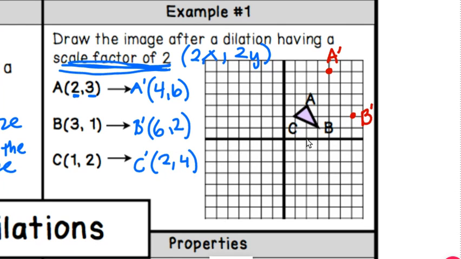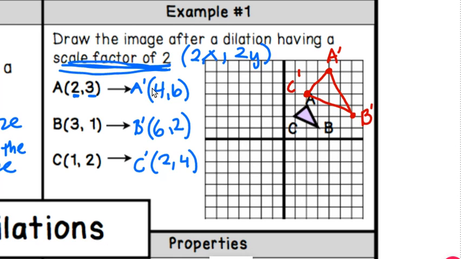And C prime is 2, 4. Okay, so a couple things. First, the shape does not change in a sense that it's still a triangle. It still goes in the same direction. It's just that it's larger.